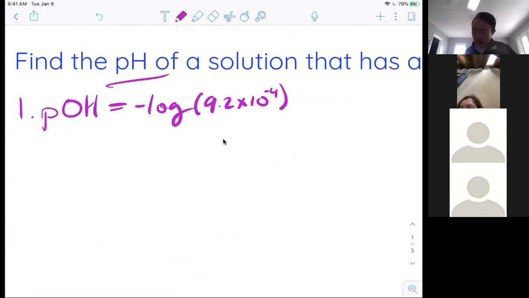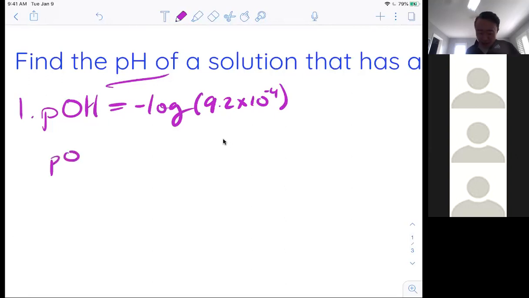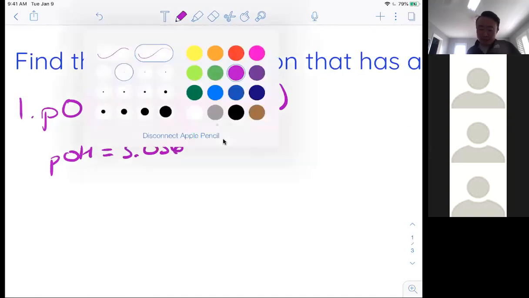If I plug that into my calculator, you get a number that's about, and I'm gonna leave this unrounded for right now, 3.036 pOH.